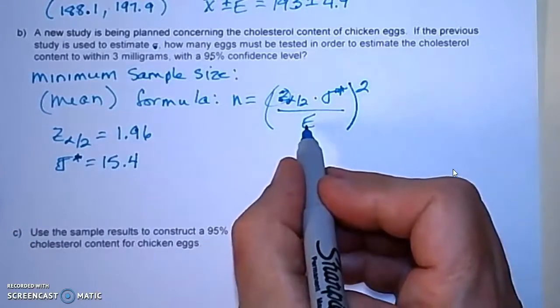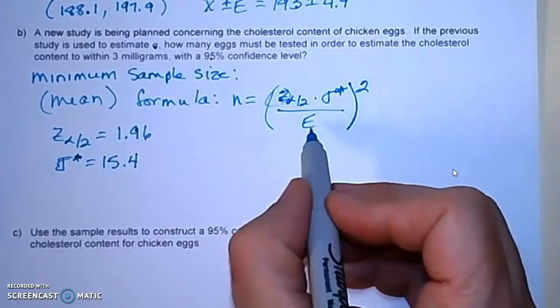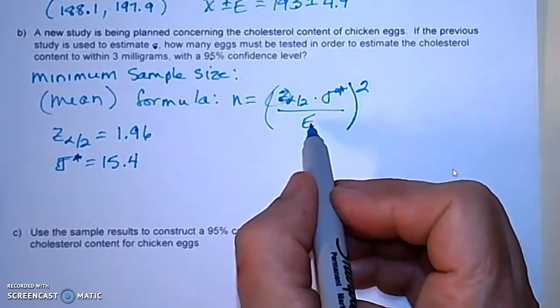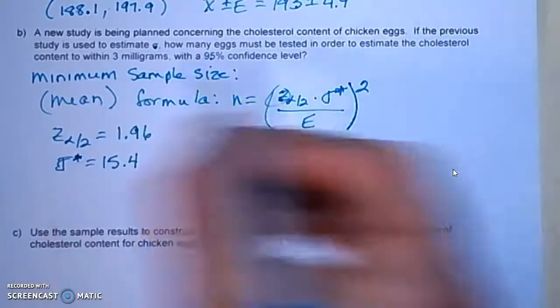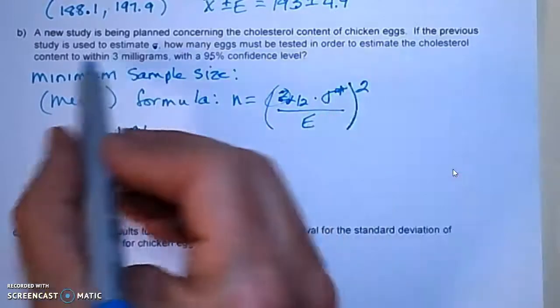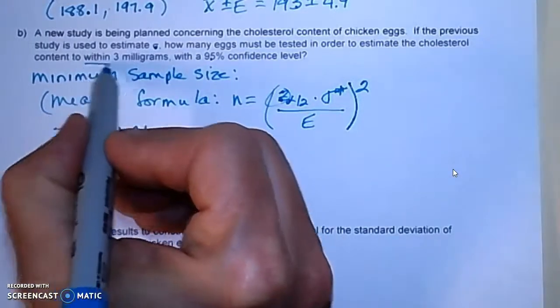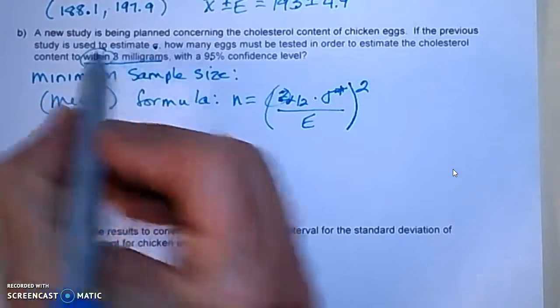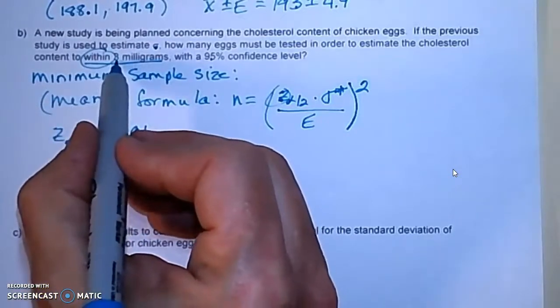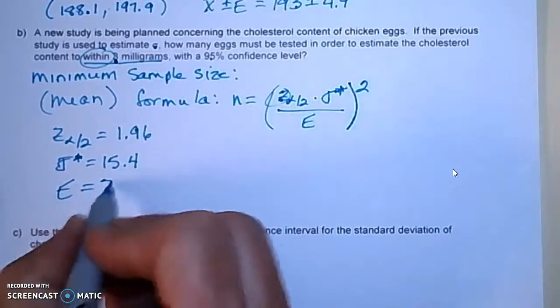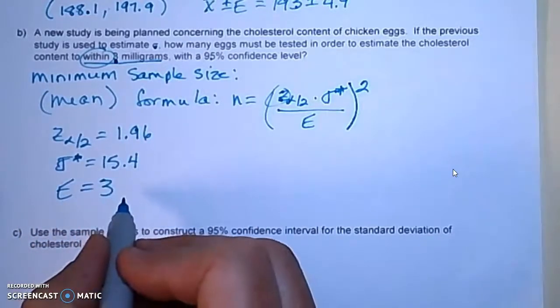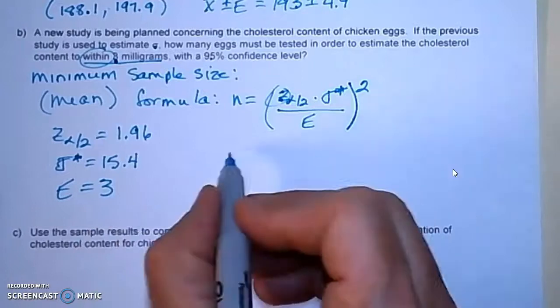And then for the margin of error, in this one we're not talking about percentages that need to be changed to a decimal. We're going to use whatever they gave us. They asked us to estimate the cholesterol content to within 3 milligrams. Within is a key word that tells you that they're talking about the margin of error. So our margin of error is 3, but it's just 3. It's not 3%, it's just 3.